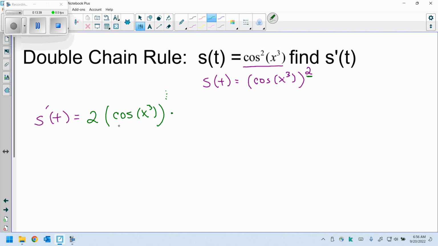When I look at what's inside, I see another set of parentheses. So I'll have to take the derivative of what's outside, a negative sign. Don't mess with what's inside, x cubed, times the derivative of what's inside.